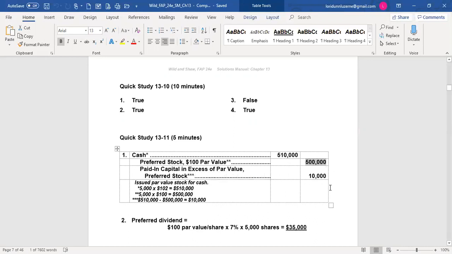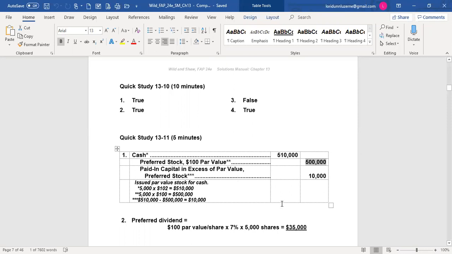Any overflow we received above the par value is put in a paid-in capital in excess of par value preferred stock, just like we did for common stock. So they each have their own paid-in capital in excess of par value accounts. Credit that for $10,000.